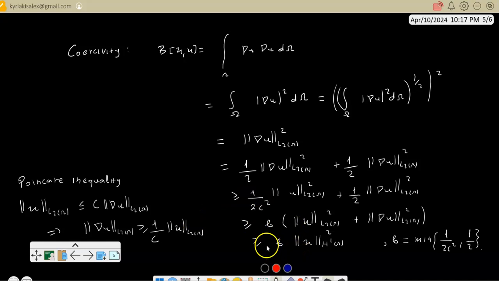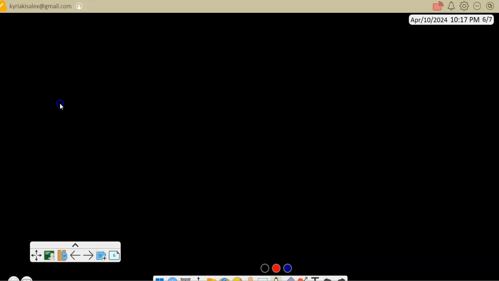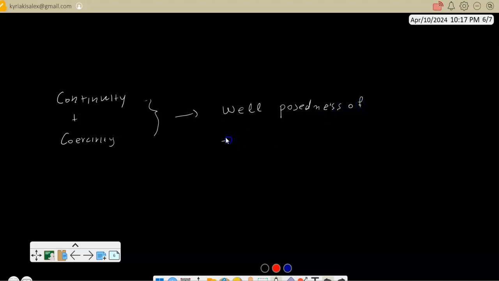So I have shown the coercivity and continuity. Continuity plus coercivity gives me the well-posedness of the Poisson equation, of the bilinear form.